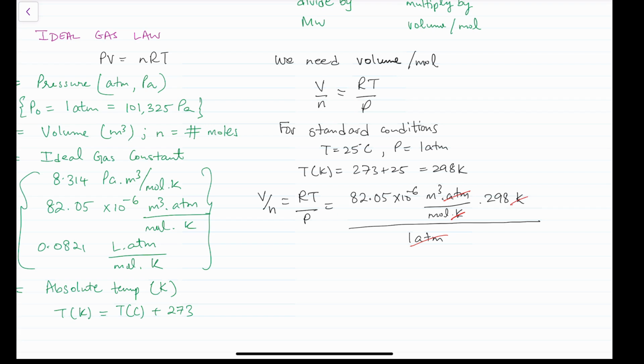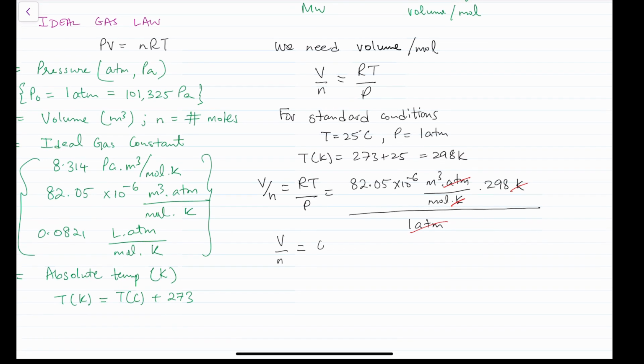So this boils down to V over N is equal to, if you solve for it, I encourage you to punch these numbers in your calculator and solve for these, 0.0245 meter cube per mole, or 24.5 liters per mole. We can also invert this, so N over V would be 40.9 moles per meter cube.